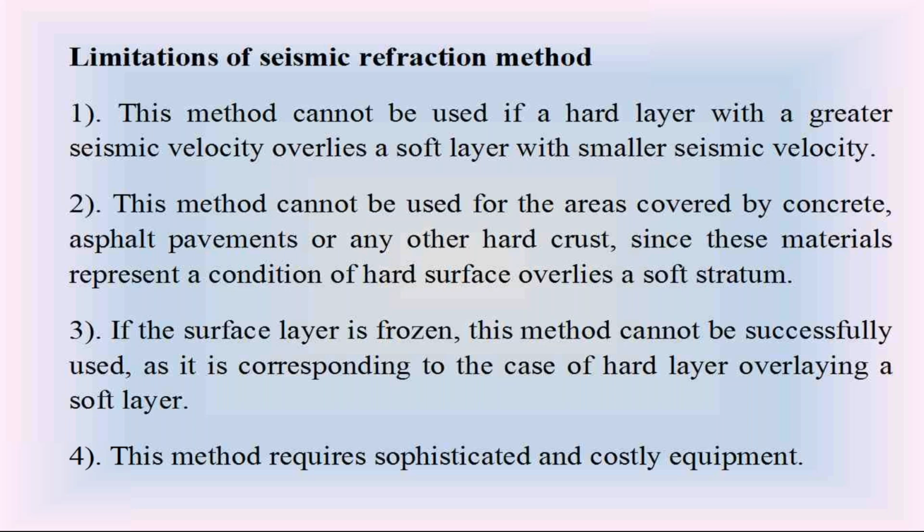If the situation is like that, with a hard soil layer over the soft soil layer, then you cannot apply the seismic refraction method to find out the thickness of the soil layers below the ground level.